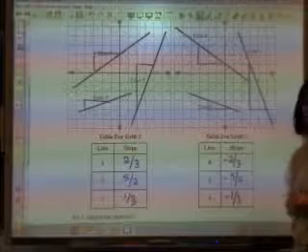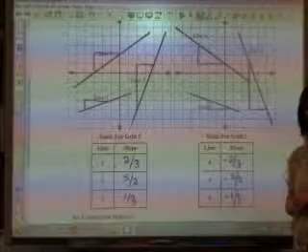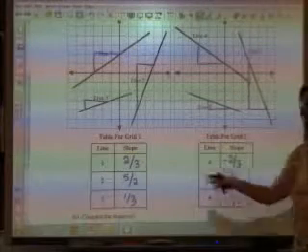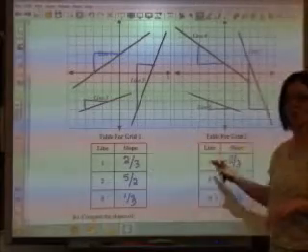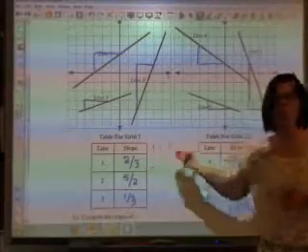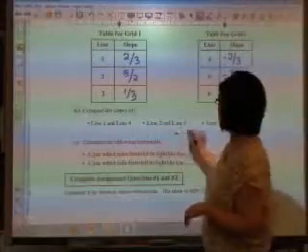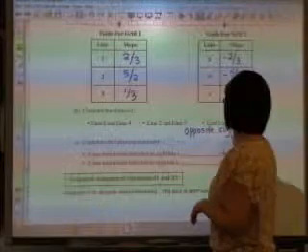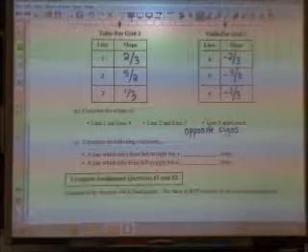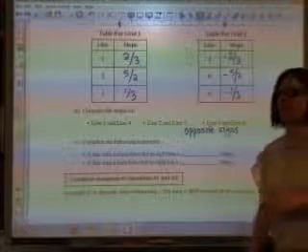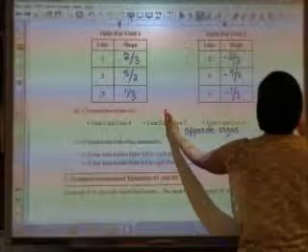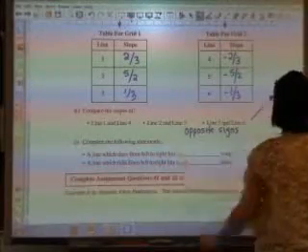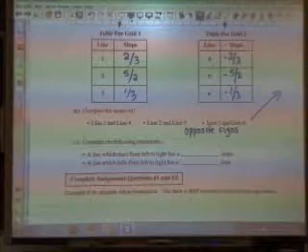So what do you notice about the line segments of these slopes? What's the same and what's different? The value is the same, like the 2/3 is the same, but one's a positive and one's a negative. So compare the slopes, they have opposite signs. If a line rises from left to right, if it's going up, what kind of a slope does it have?